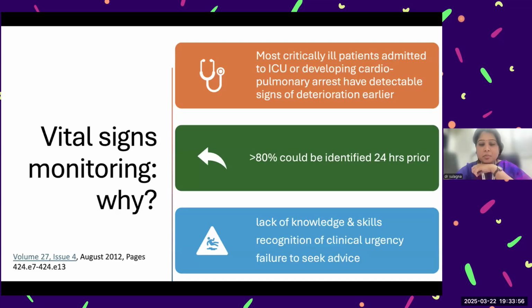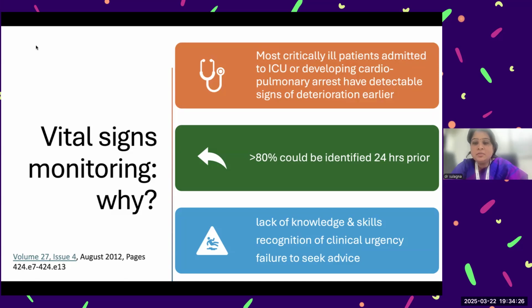So why is it important to monitor the vitals? Most critically ill patients admitted to ICU or developing cardiopulmonary arrest have detectable signs of deterioration earlier in the ward or in other clinical areas, which are missed.